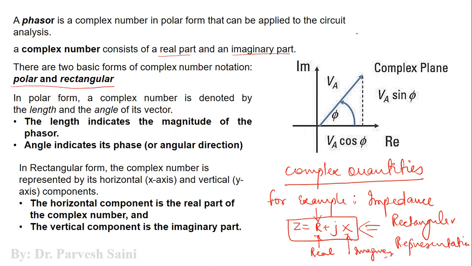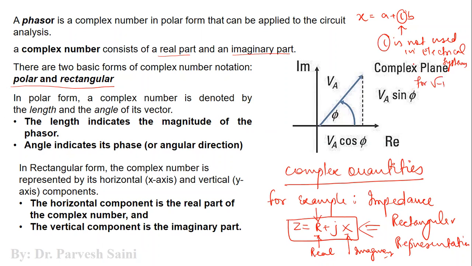Unlike in mathematics, wherein we take any complex quantity as a plus ib, we do not use iota in electricals or electrical systems for the square root of minus 1.